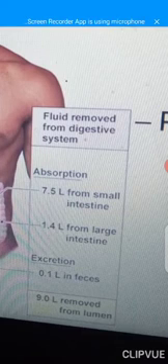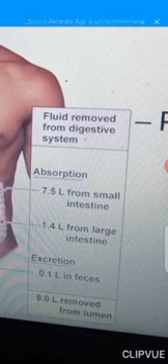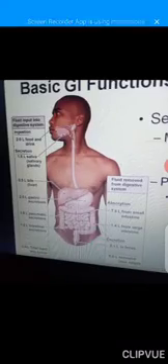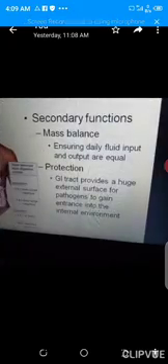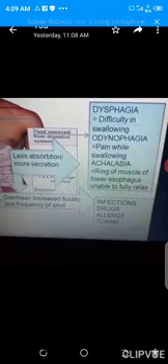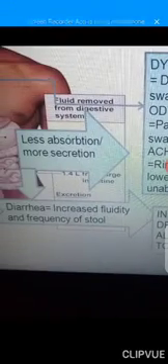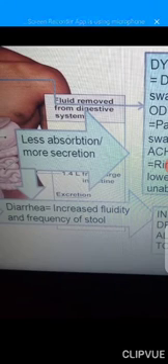Then for the output, 7.5 will be absorbed by the small intestine into the blood. Then we have another 1.4 that will be absorbed by the large intestine into the blood. Then the remaining 0.1 will be lost in feces. Note that when the amount to be lost in feces is more than 0.1, it will result in diarrhea.